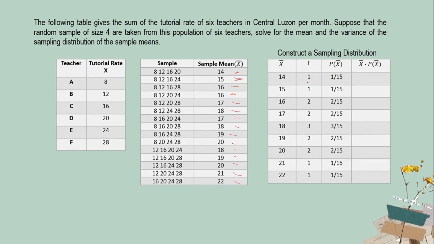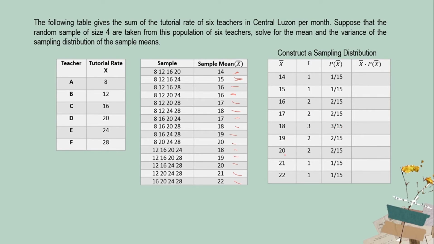Then since 14 has a frequency of 1, the probability is 1 over 15. The same goes with 15, 1 over 15. In 16, the frequency is 2, so the probability is 2 over 15. The same with 17, which is 2 over 15. 18 has a frequency of 3, so the probability is 3 over 15.